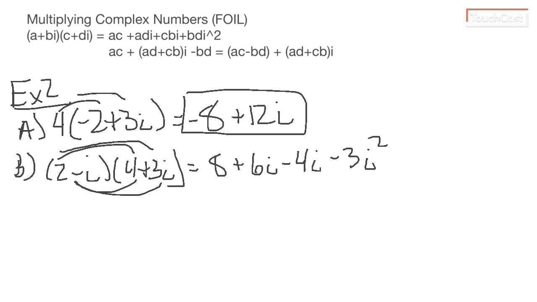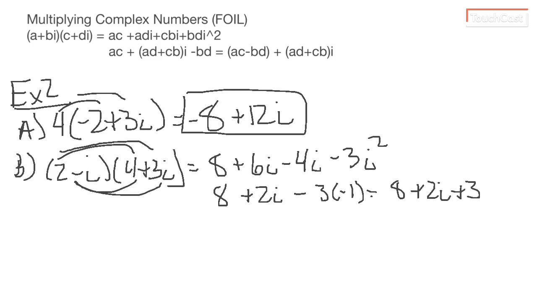So we're going to have 8, 6 minus 4i, that is plus 2i, minus 3 times negative 1. Well, if we multiply negative 1 by that minus 3, it's just going to turn into plus 3. So we're going to have 8 plus 2i plus 3, and 8 plus 3 is 11, so we're going to have 11 plus 2i. And putting it into standard form would simply be just having it in this a plus bi format.